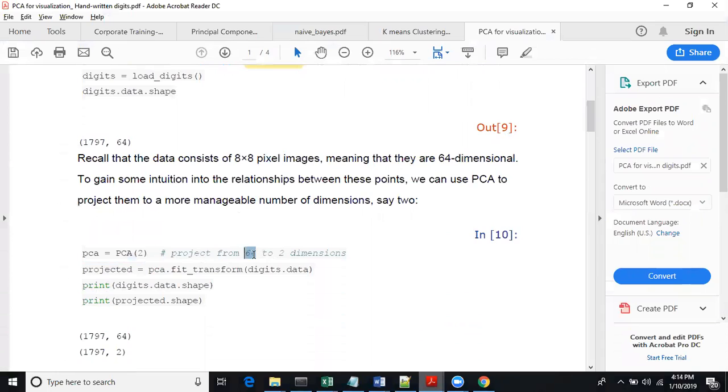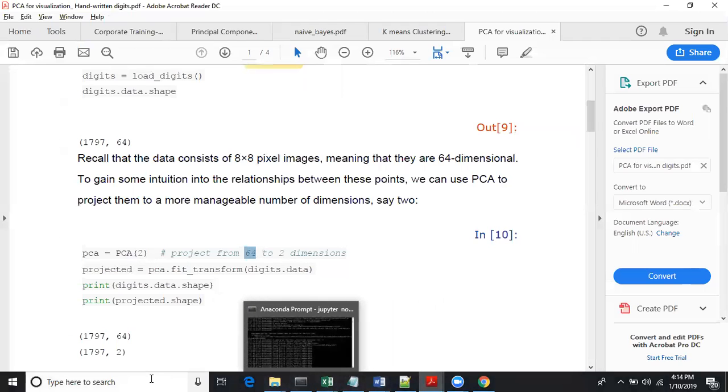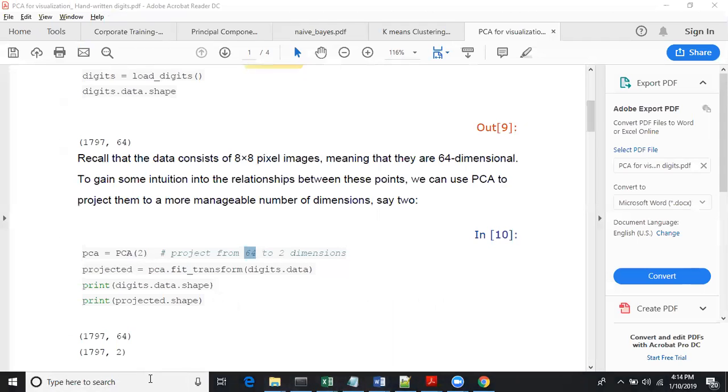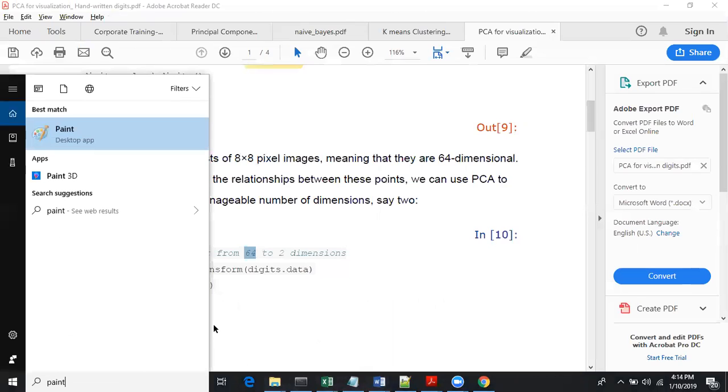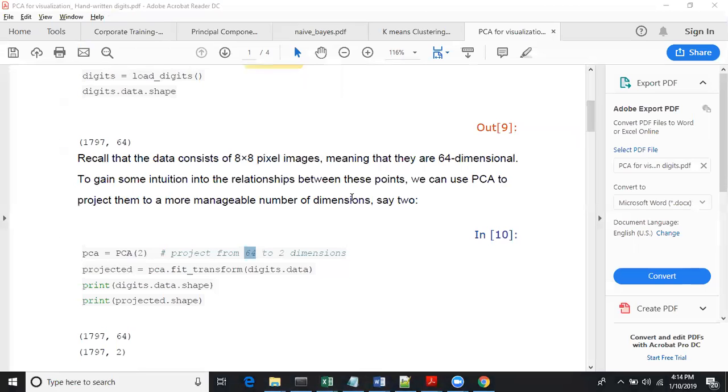So here 64 dimensions are required in a matrix to represent the image, which we are going to put into 2 dimensions.